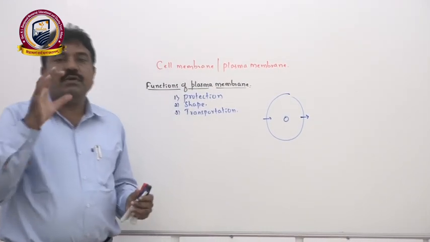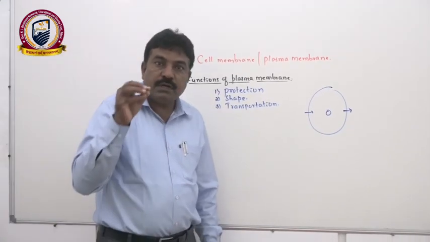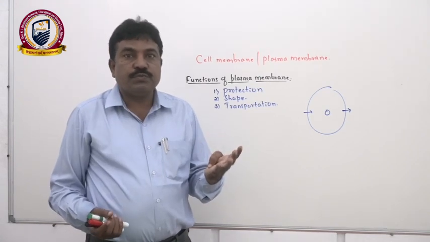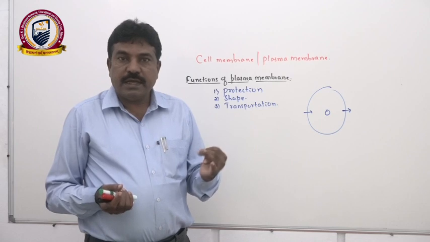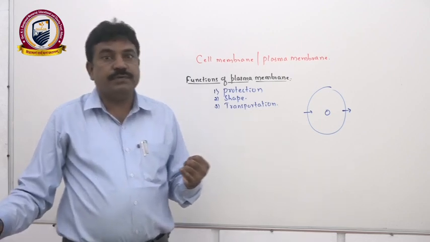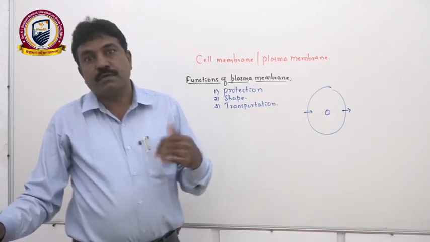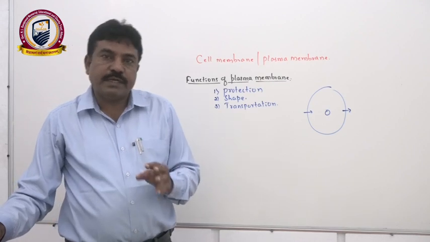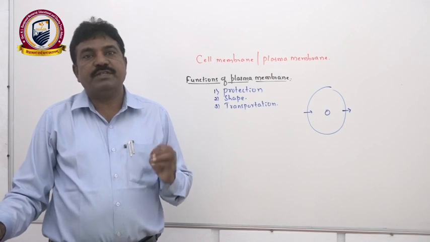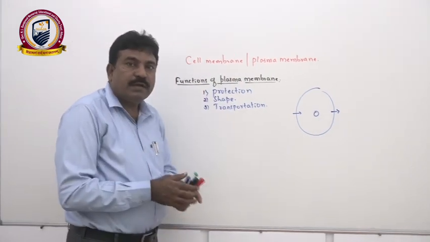It is a very wonderful specialized structure. It controls different transport mechanisms: diffusion, active transport, endosmosis, exosmosis, facilitated diffusion, phagocytosis, pinocytosis, exocytosis. All these transporting mechanisms that take place in an organism's cell are with the help of the cell membrane or plasma membrane itself.